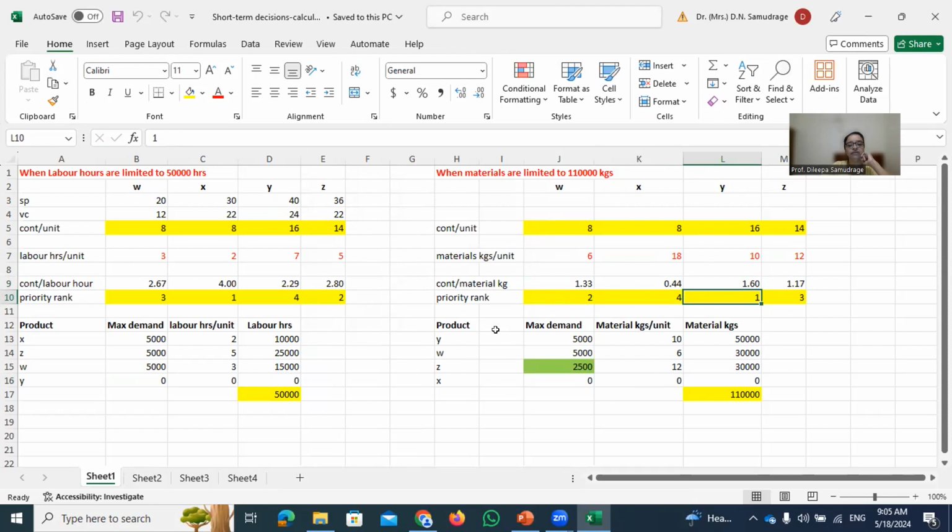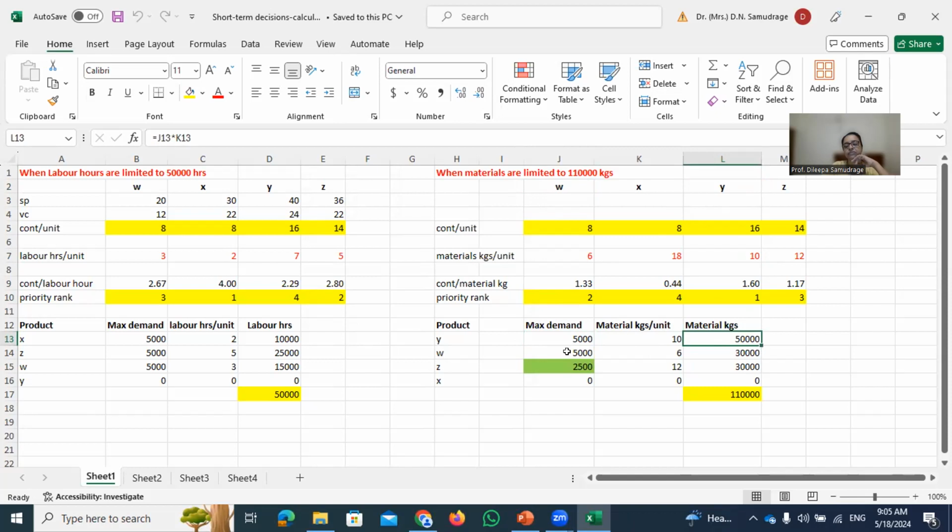So now you know the priority: Y first, W second, Z third. So you can write here. Then maximum demand, Y 5,000. To produce 5,000, how many material kilograms do you need, right? For Y, you need 10 kilograms, so you have to multiply it by 10.